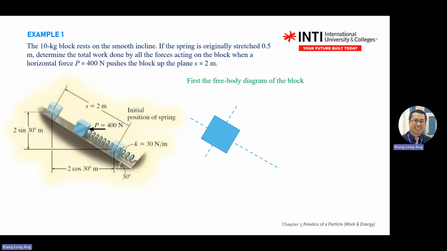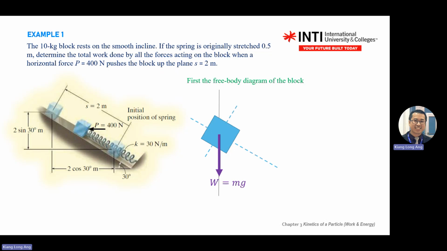Once you have the object, then you draw the straight line. That one is for gravitational force. Gravitational is always in the vertical direction. From the center of the object, draw W. Just now in the lecture, you saw what can create work.